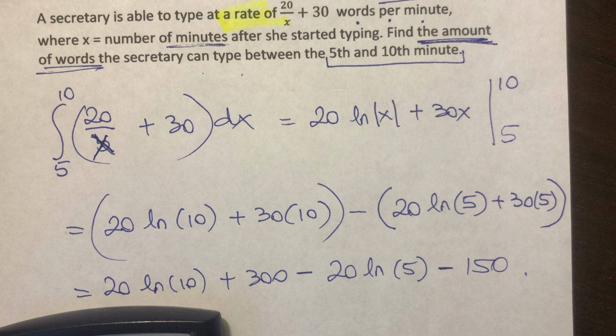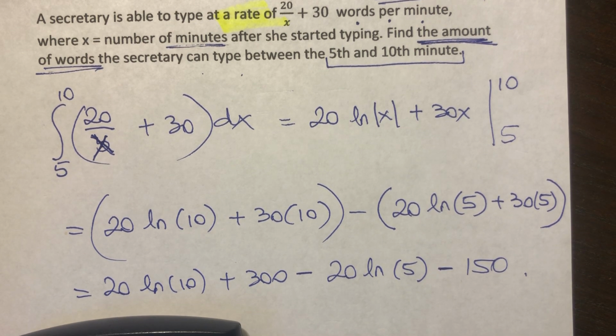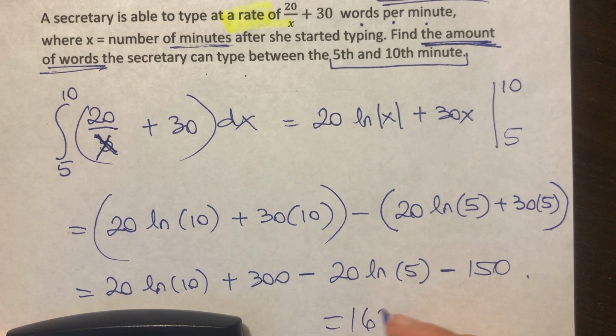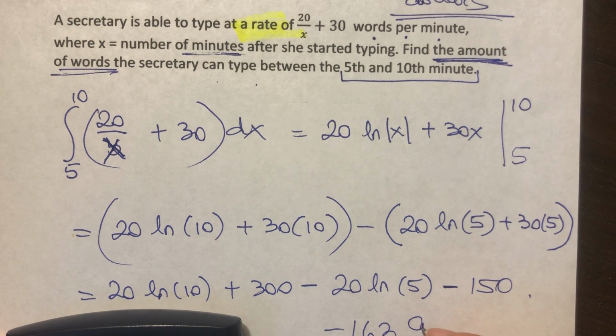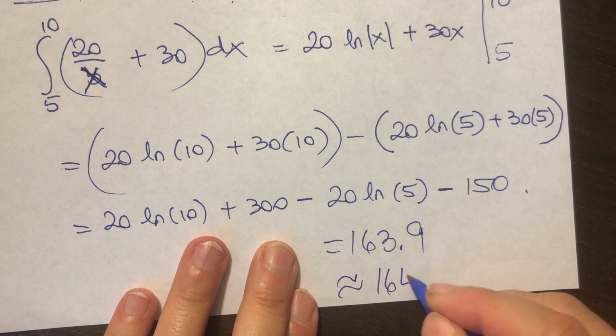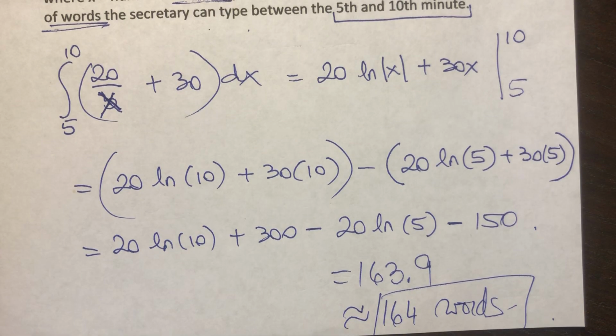So it's 20 times ln of 10 plus 300 minus 20 times ln of 5 and then minus 150 equals 163.9, so about 164 words. Done. All right, done.